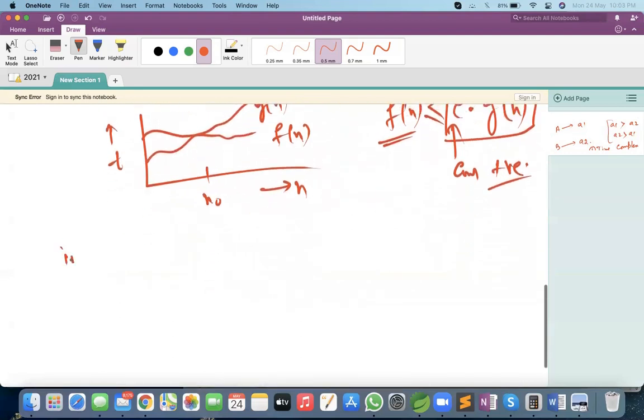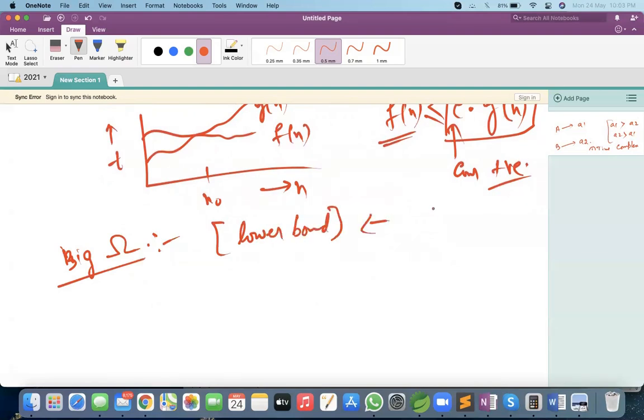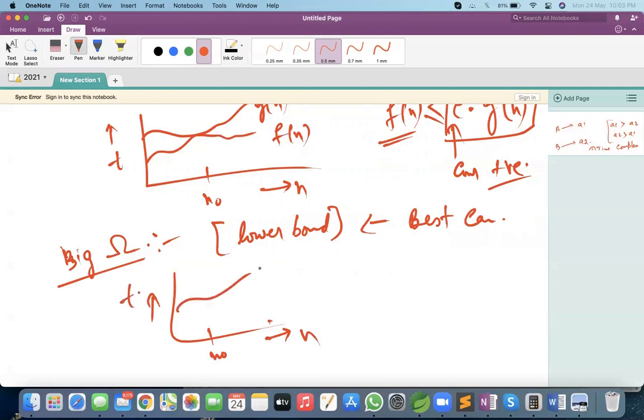Now let's see big omega. What is big omega? Big omega determines the lower bound, or you can also say it is used for best case. Okay, so how will the graph be here? Same n0, this is n, this is t, this is f(n), and this is g(n).